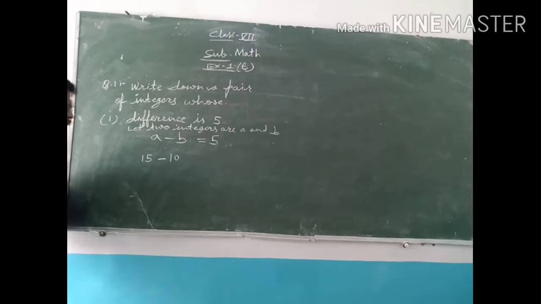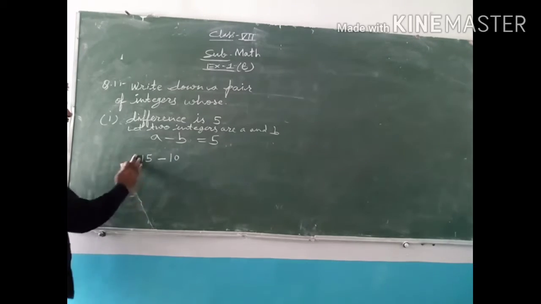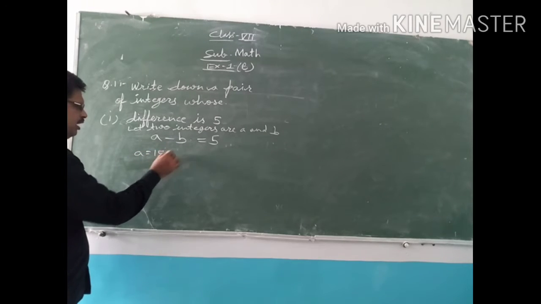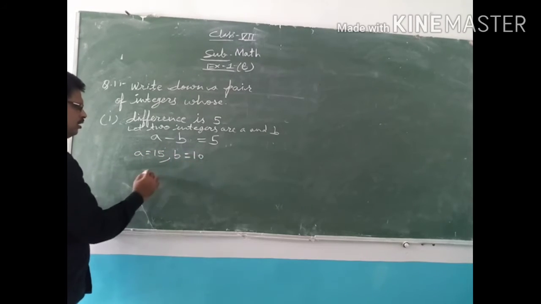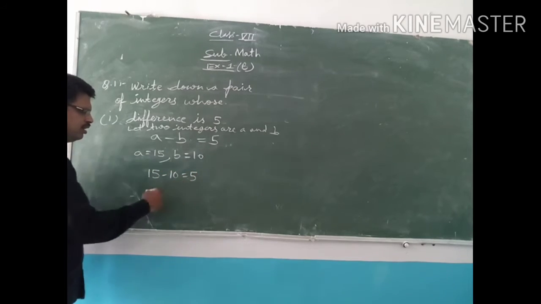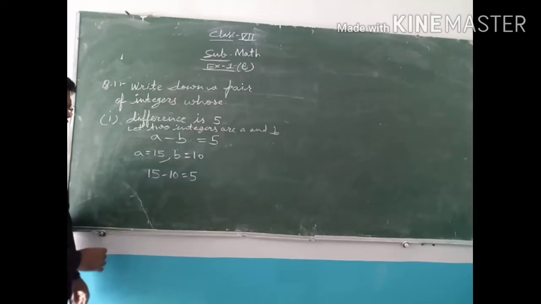We assumed two integers a and b, and their difference should come 5. So let a equal 15 and b equal 10. So 15 minus 10, that means 5. Correct? So two integers are 15 and 10.